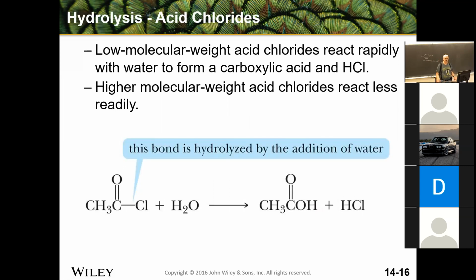Low molecular weight acid chlorides react rapidly with water to form a carboxylic acid and HCl. Higher molecular weight acid chlorides react less readily.